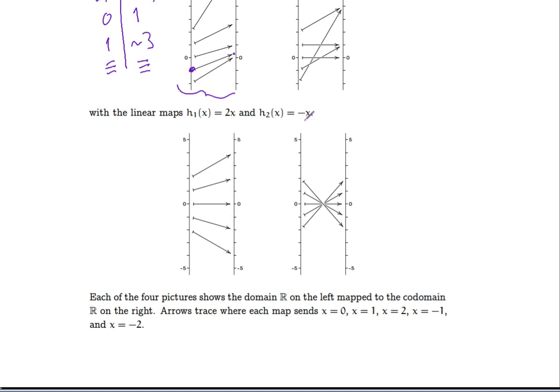On the other hand, if you multiply by something negative, you're also doing kind of an inversion. You're crossing, the positive goes to negative, negative goes to positive. But still, you can see a very simple pattern here. Now, if I had h2 of x equals minus 2x, I would have both the reflection and the stretching. But you'd still see this kind of very regular pattern.